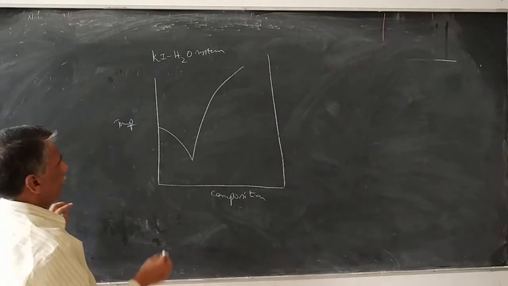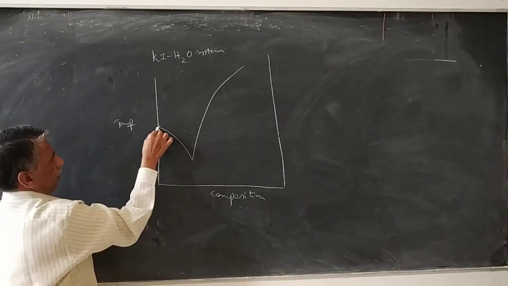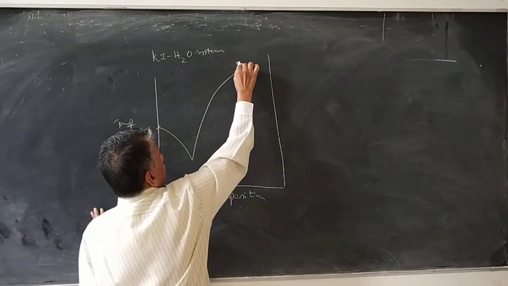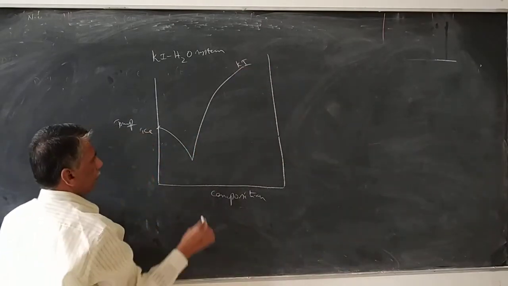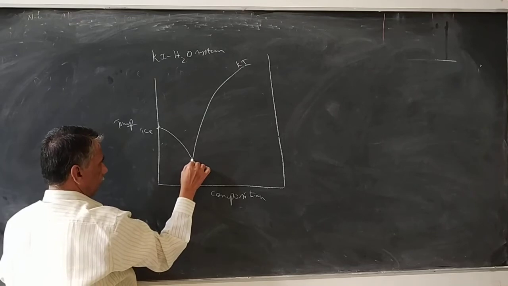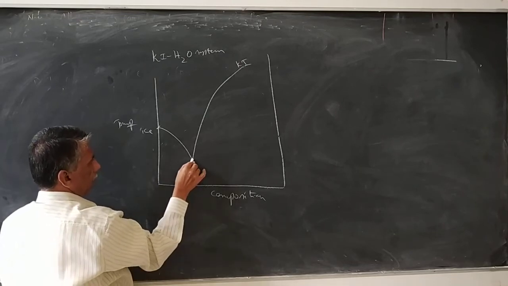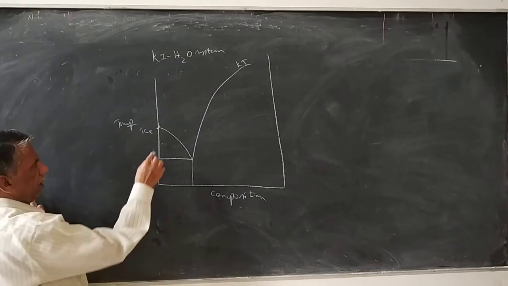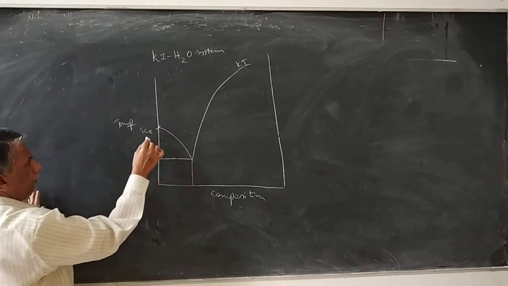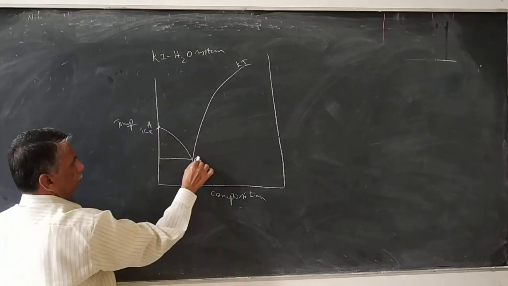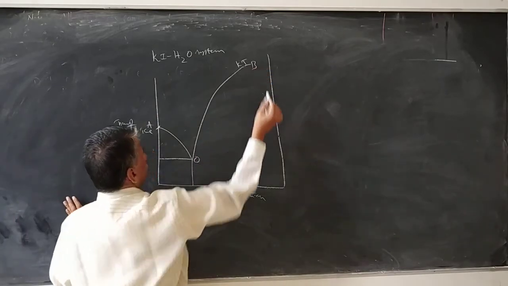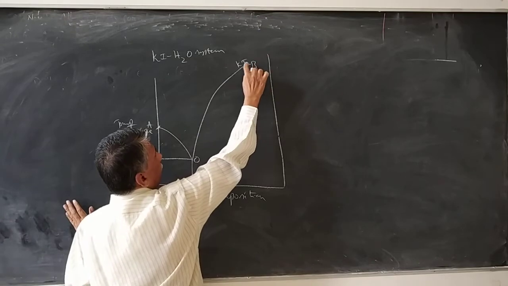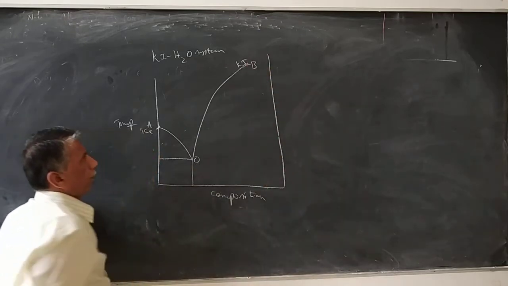Okay, and here it is the ice, here it is the potassium iodide, and you take the composition, you take the temperature. Same explanation. Here it is the melting point of ice, A, O, B. This is the melting point of ice. This is the melting point of potassium iodide.